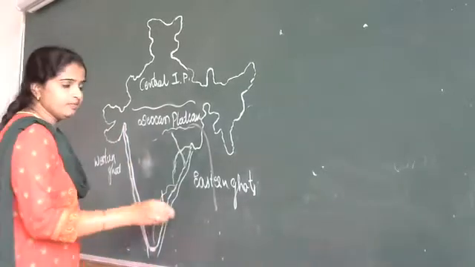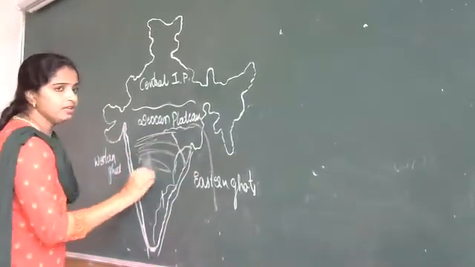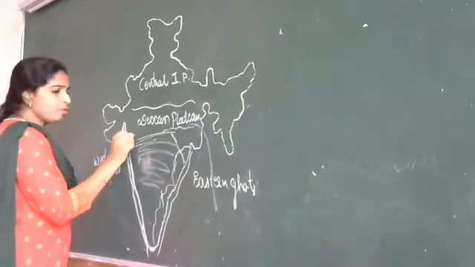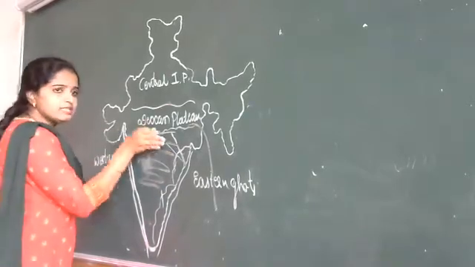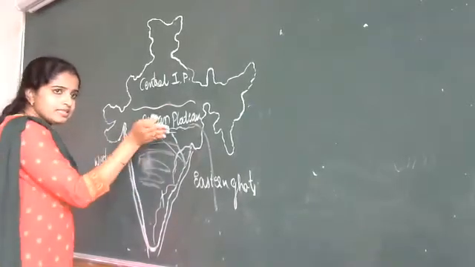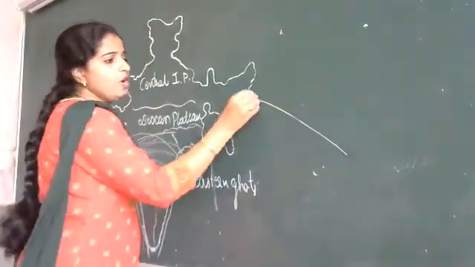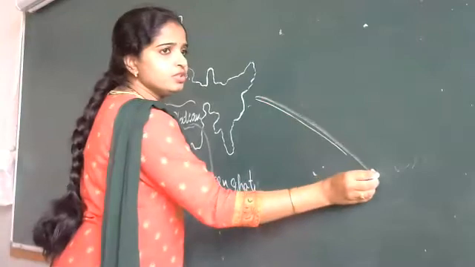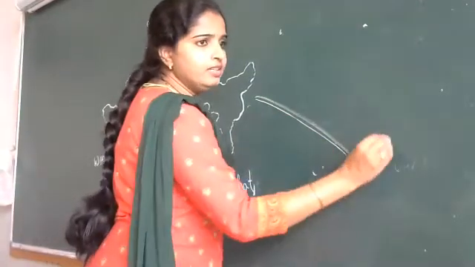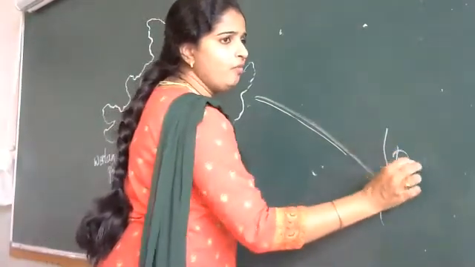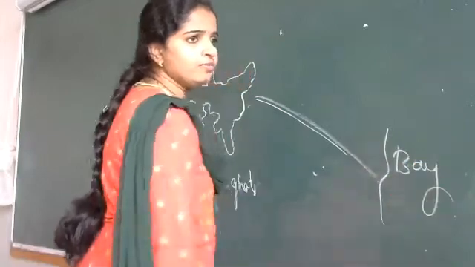It is in a slope like this, from Western Ghats to Eastern Ghats. That's why all the rivers flow this way and drain into the Bay of Bengal. Understood?